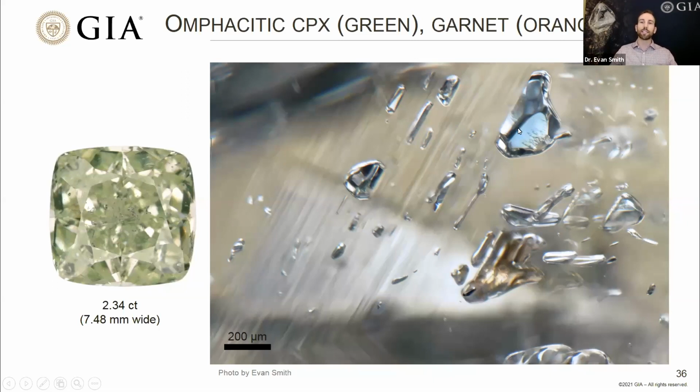But having this duller green color occurring in a diamond that also has these orange inclusions, the orange and the green together give you more confidence that what you're looking at is ophiolitic clinopyroxene, an orange garnet, and this diamond grew in an eclogitic host rock.